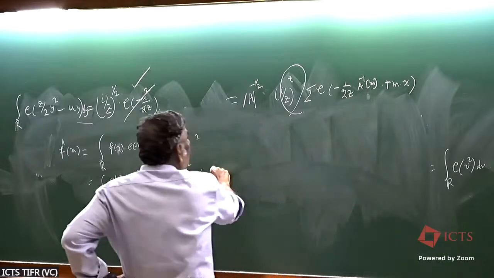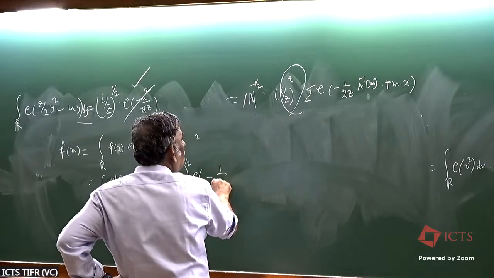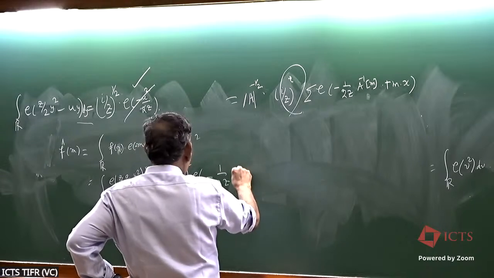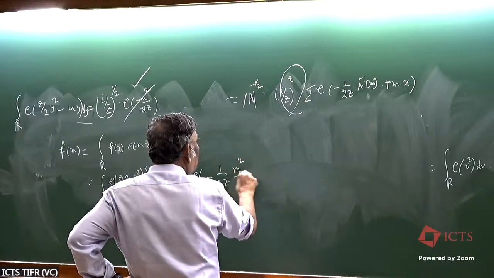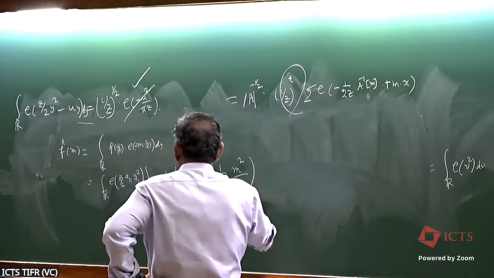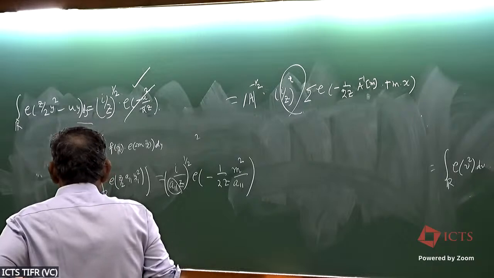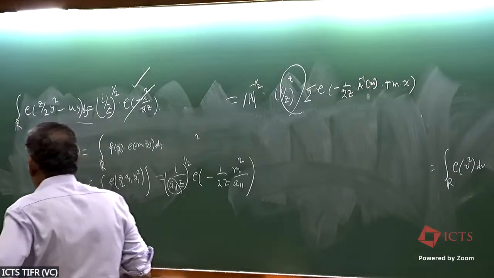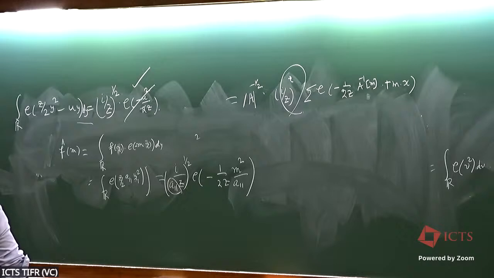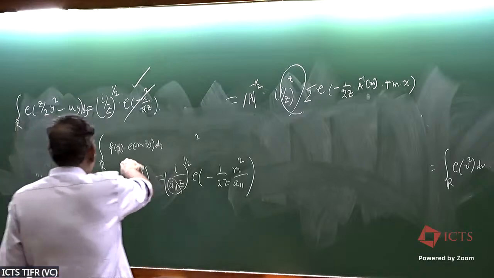Therefore, I need something like 1 over 2 z and m square divided by a11. And where does that come from? Oh, u is m. Where is the u? Oh, yeah, this mx is there.